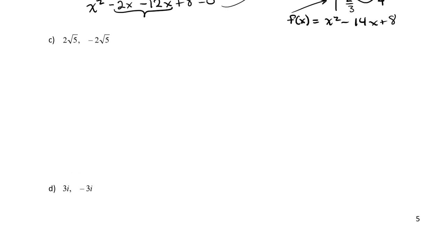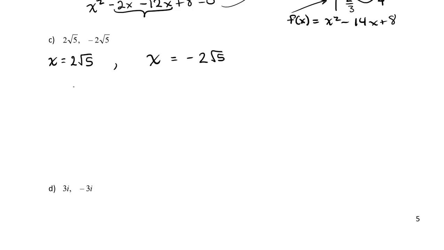In part C, we have two solutions with radicals in them. And so I'm going to just do the same thing. It might be a little more tricky, but we'll still be able to get a quadratic. x equals 2 root 5 and x equals negative 2 root 5.